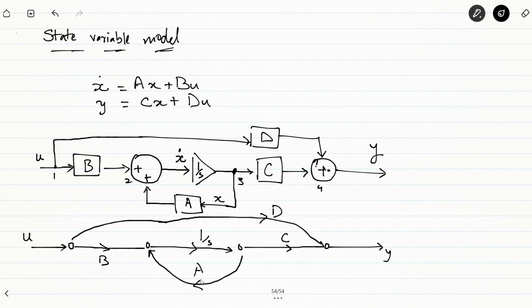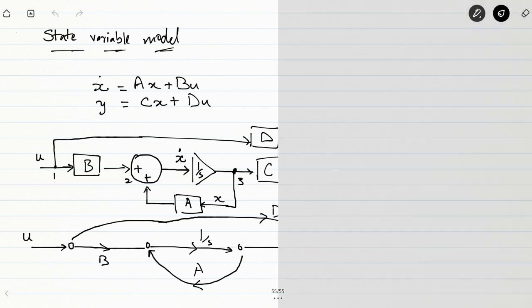So if we were to obtain a transfer function model of this particular signal flow graph, you can actually obtain Y(s) by U(s) by finding out the forward path gains and the loop gains in this signal flow graph. So from the signal flow graph, we can obtain the transfer function of the system.